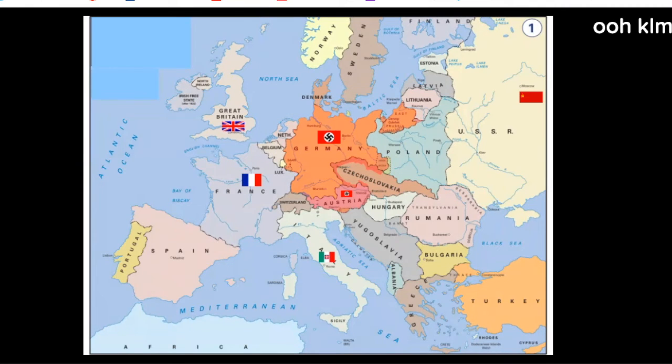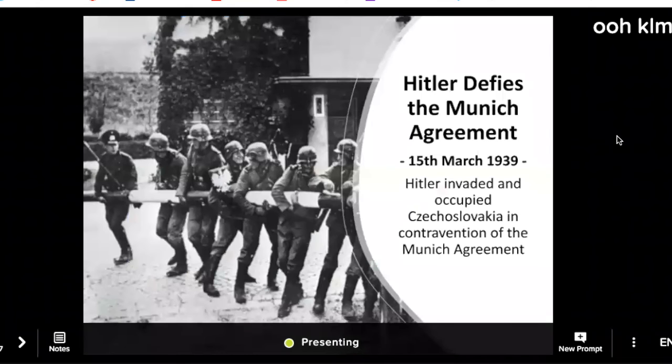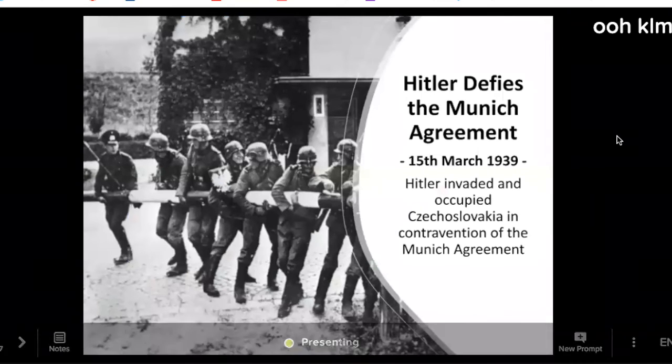So 1938, he agrees to just take that small crust of Czechoslovakia. But 6 months later, Hitler wants the whole thing. Okay, so Hitler is going to break that agreement that he made with the British Prime Minister.